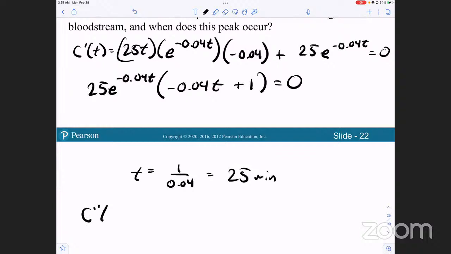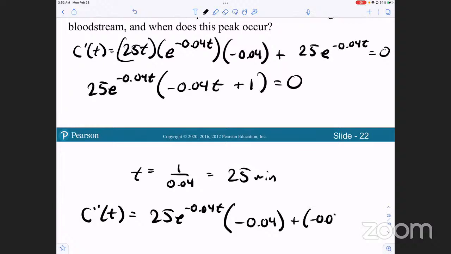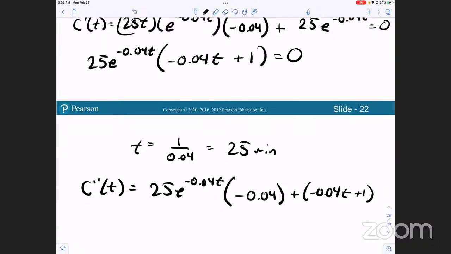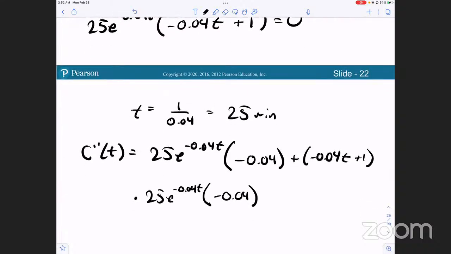The first is 25 e to the negative 0.04 t, and the derivative of the second is negative 0.04. Then plus the second, which is this, times the derivative of the first, e to the negative 0.04 t times the derivative of the exponent, negative 0.04.